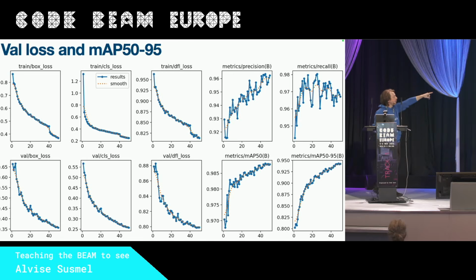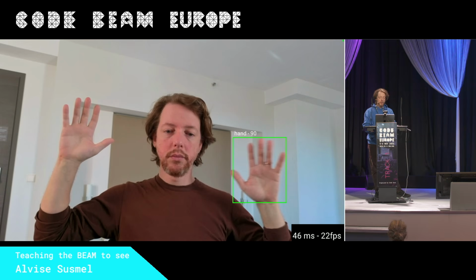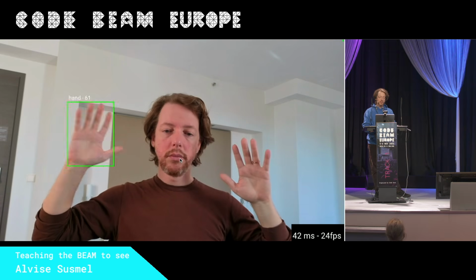Usually, it's better to consider the mean average precision with the IoU from 50 to 95, which is a stricter metric. And then we get this best PyTorch file, and we export it to ONNX format.